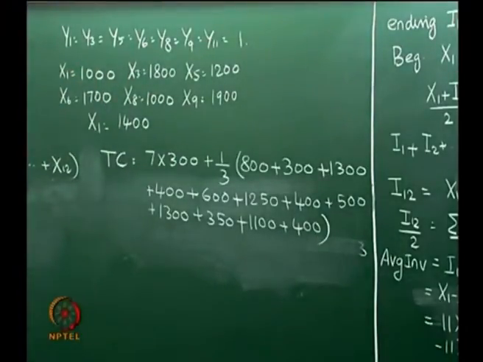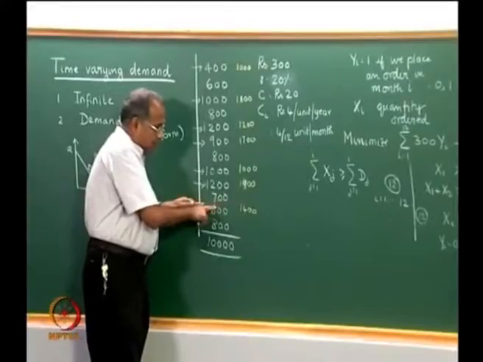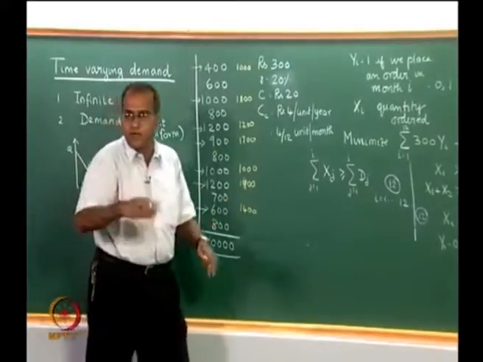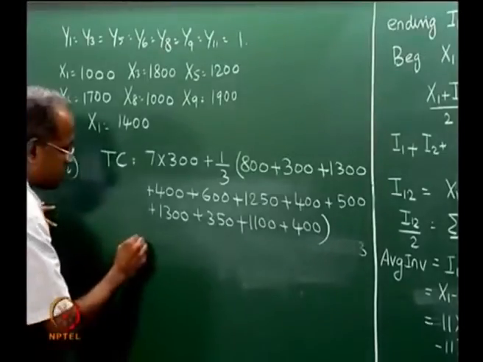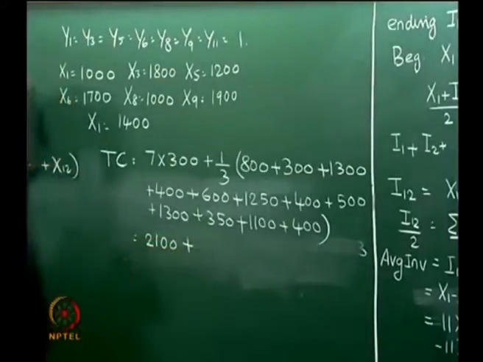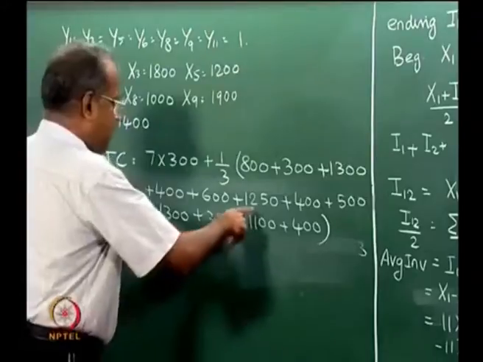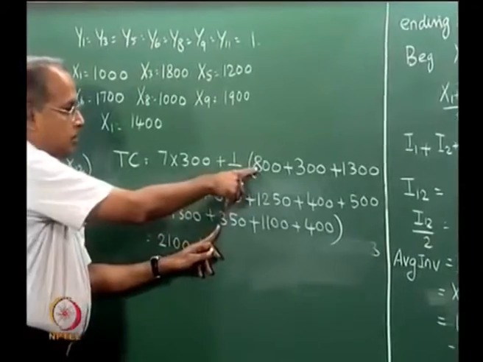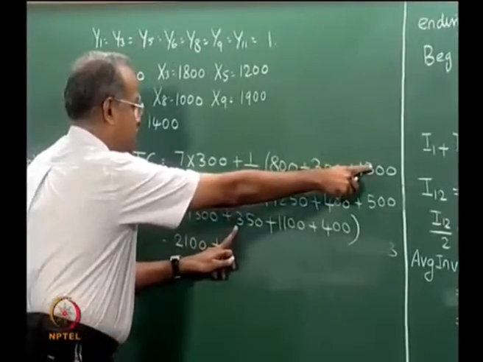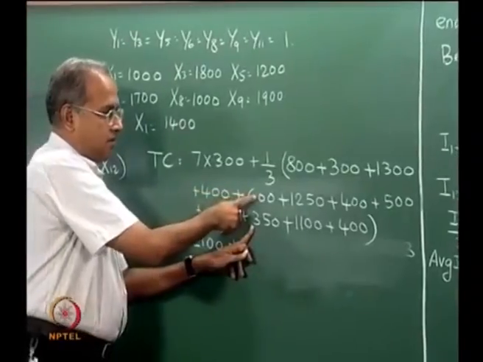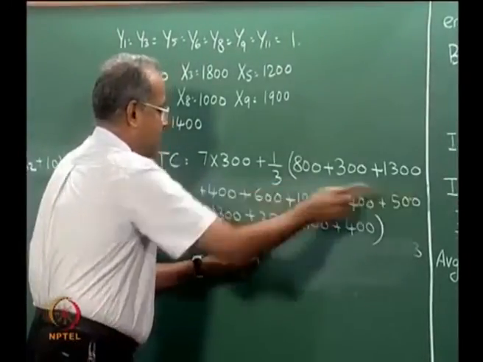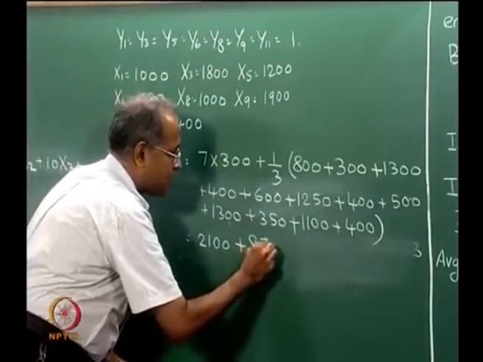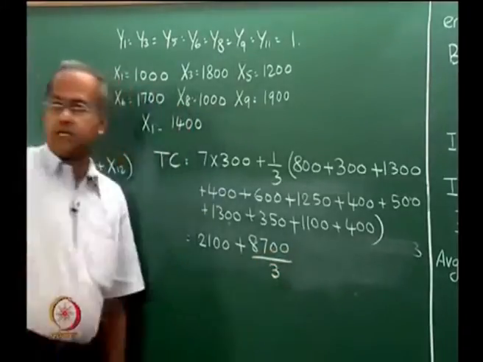Now 400 comes, 1100 comes because we order 1400. At the end of this month ending inventory is 800, 1400 plus 800 is 2200 divided by 2. So this will become 2100 plus, now let us add only the 50 terms first, 1250 plus 350 is 1600, 2400, 2700, 4000, 4400, 5000, 5400, 5900, 6200, 7200, 8300 plus 400 is 8700 divided by 3.